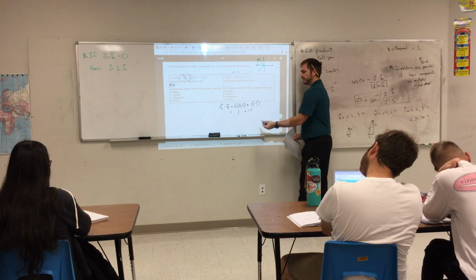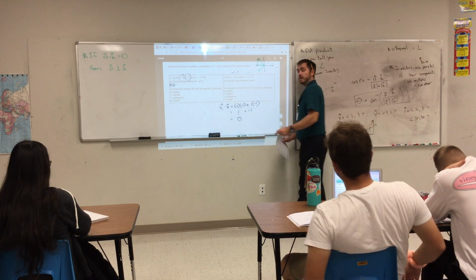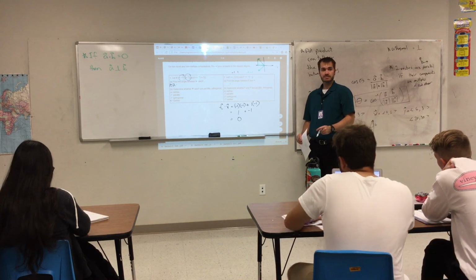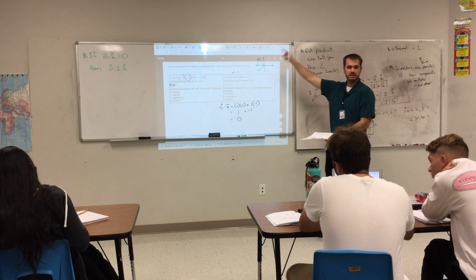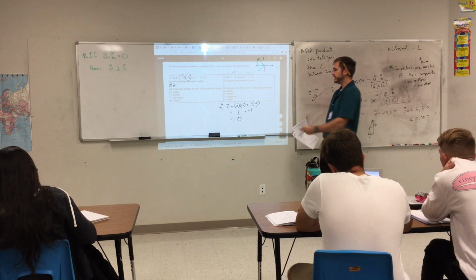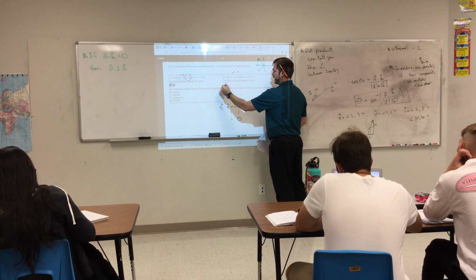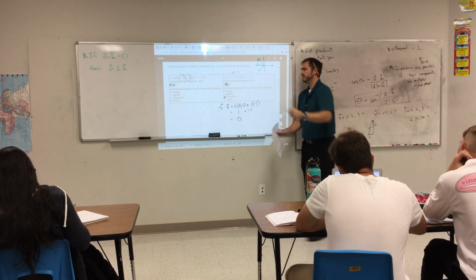So 1 minus 1, so that is 0. Oh! Dot product is 0. That means they're perpendicular. They're orthogonal. We're done. We got this, right? The angle between them, 90 degrees. They are orthogonal.